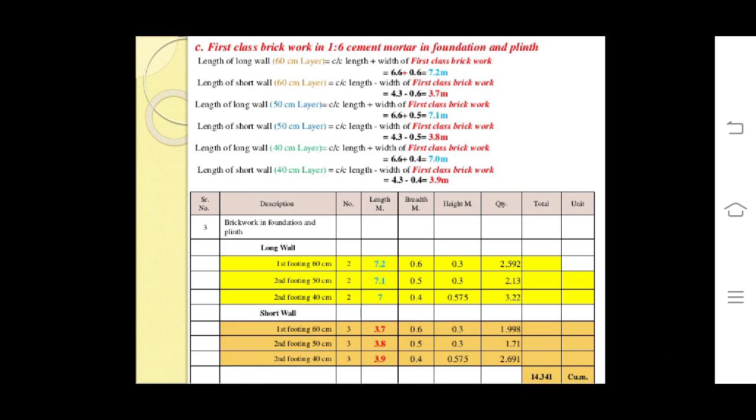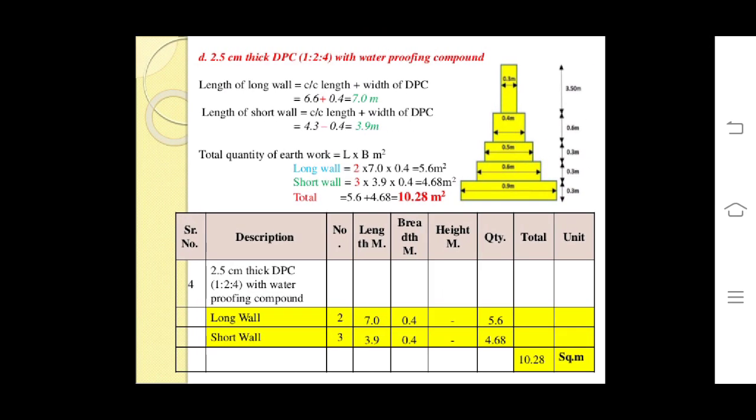14.341 cubic meters. The next item is DPC. The DPC can be calculated by calculation of long wall length, that is 6.6 plus 0.4, that is 7 meters, and for short wall 4.3 minus 0.4 is equal to 3.9 meters.